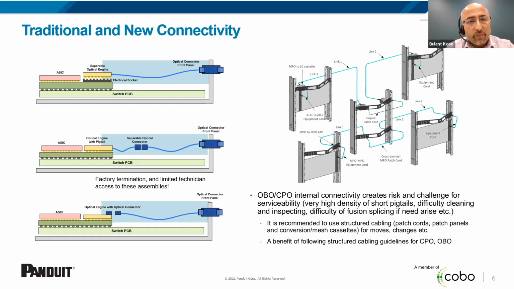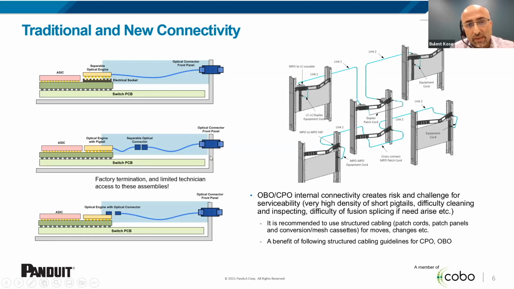So now I wanted to talk about how we take our structured cabling ideas and best practices and look at this CPO and OBO from that perspective. On the left, I have 3 different cases that I show. This is for CPO connectivity, where you have a pigtail, and you have a connector in the middle, and a connector on the board.